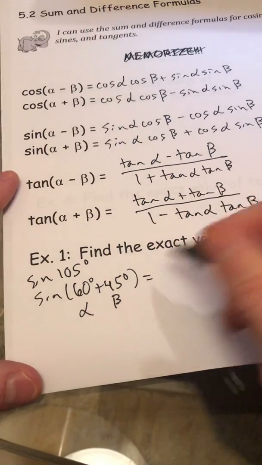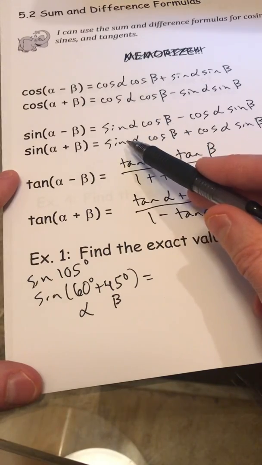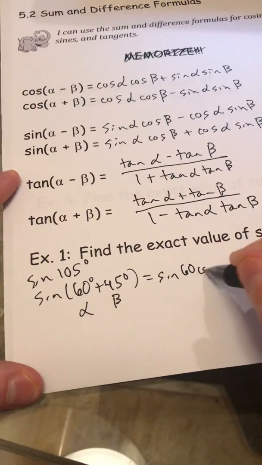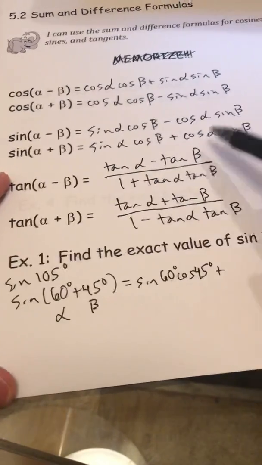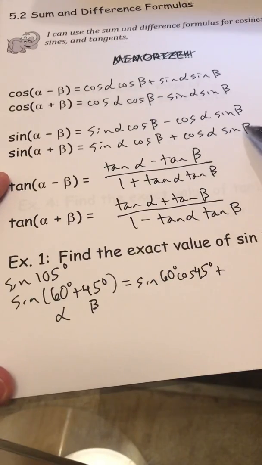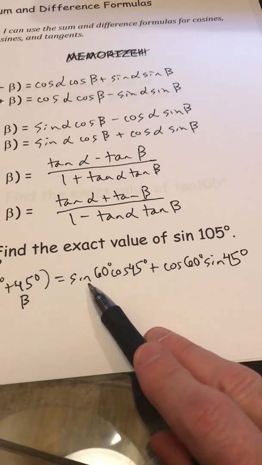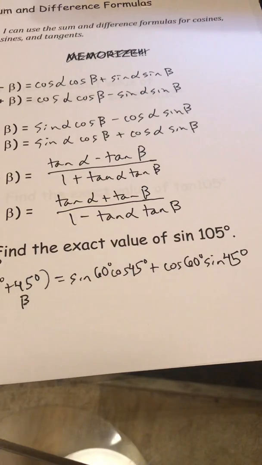So if you look up, sine of alpha plus beta: sine of 60 cosine 45, plus cosine 60 sine 45. This is the reason it does not matter which one you make alpha and which one you make beta. You use both sine and cosine of 60, and both cosine and sine of 45.